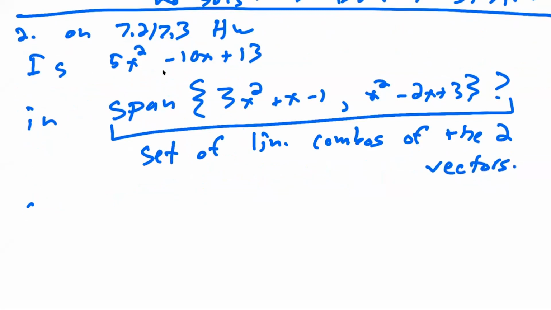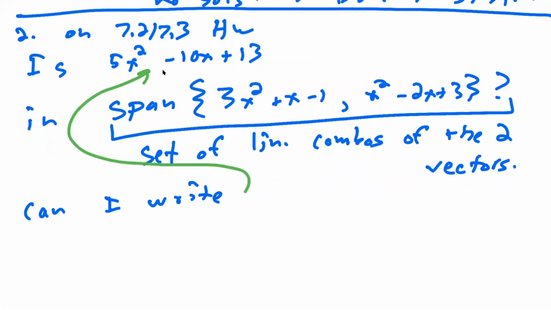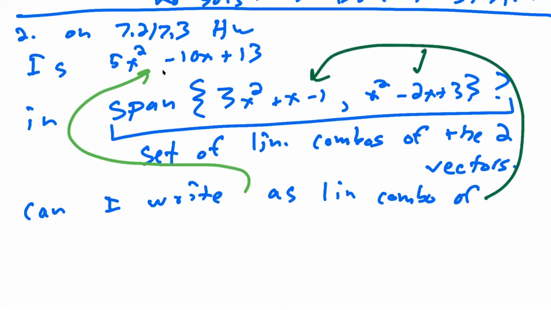So I'm asking, can I write this vector right here as a linear combination of these two?